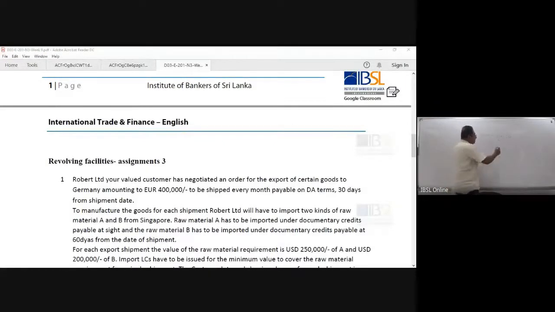Right? And when the bank discounts, there's a little bit of risk on the part of the discounting bank. What happens if the collection bounces back or some payment did not come? So there's a little bit of risk involved for the remitting bank, right?